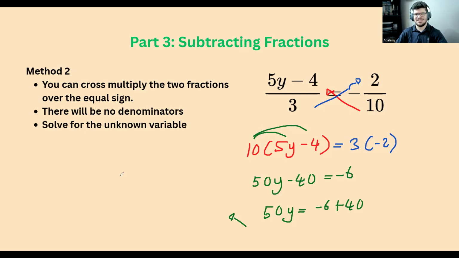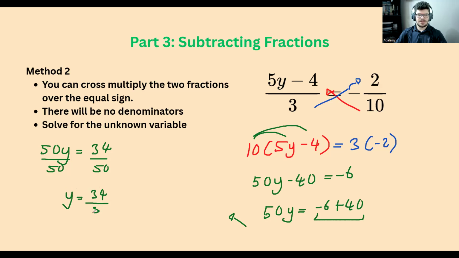I just don't have space, so I have to get creative. So 50y is equal to... not 36, 34, because that's a minus 6. Minus 6 plus 40 gives us 34. Divided by 50, y is equal to 34 over 50. It can be further simplified if we divide by 2, hence 17 over 25. And that's our final answer for y.